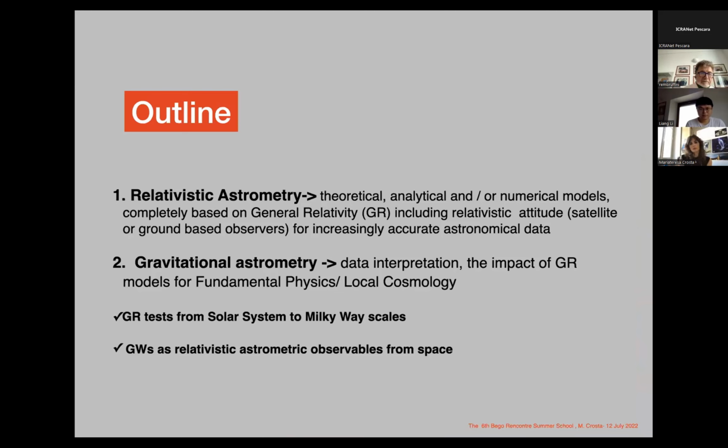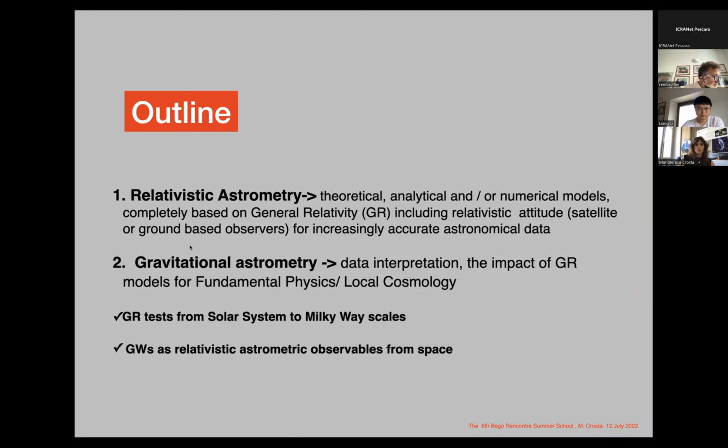My talk is essentially based on two ingredients. One is relativistic astrometry, which implies developing and implementing theoretical, analytical, numerical models completely based on general relativity, and which include also relativistic attitude for increasing accurate astronomical data, started with Gaia.